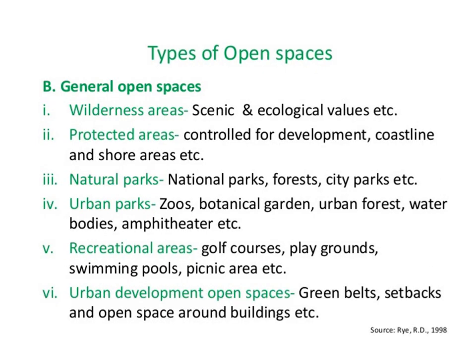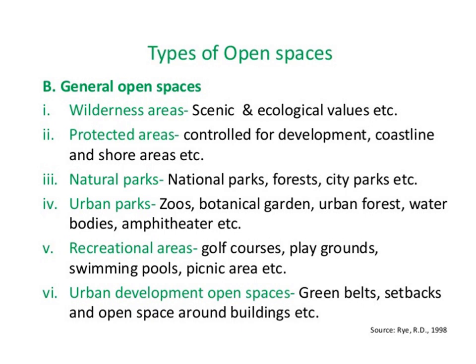Then in this slide we are going to see the types of open spaces such as general open spaces. It consists of wilderness areas, protected areas, natural parks, urban parks, then recreational areas and urban development open spaces. In wilderness areas, scenic and ecological values are maintained, whereas in case of protected areas, control for development, coastline and shore areas, etc. The natural parks, forests, city parks, etc. This comes under general open spaces.